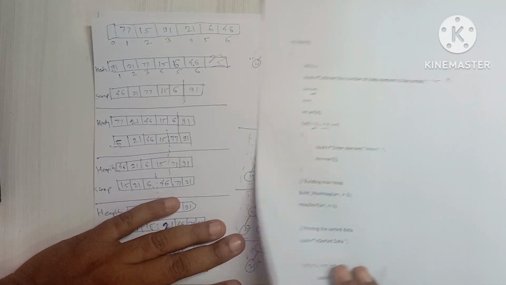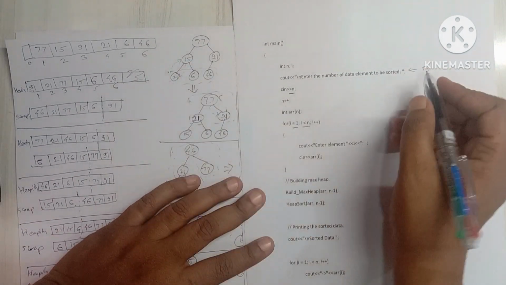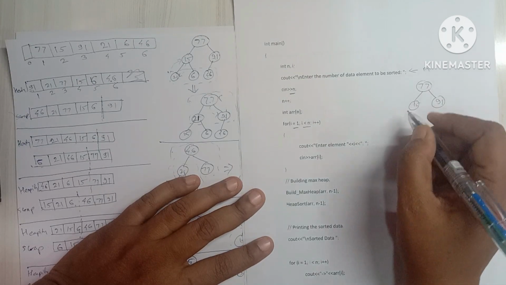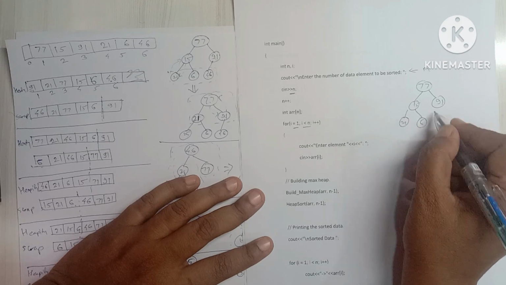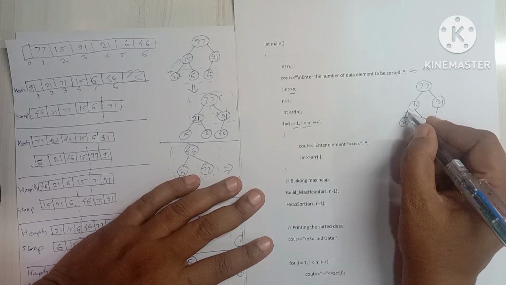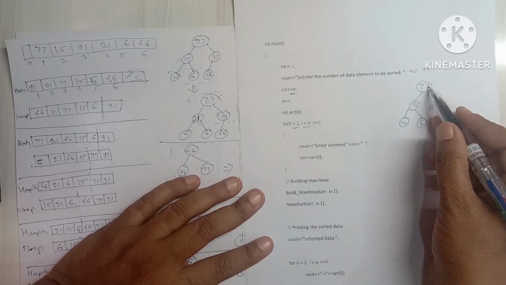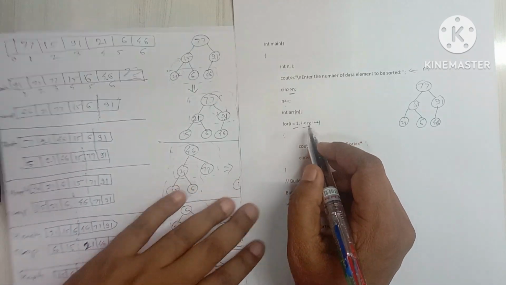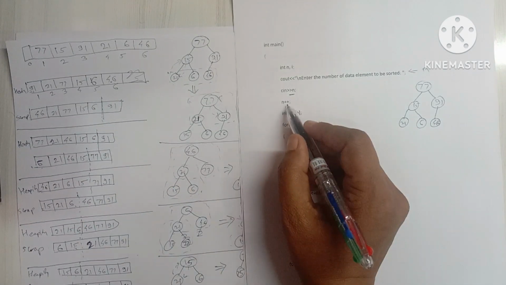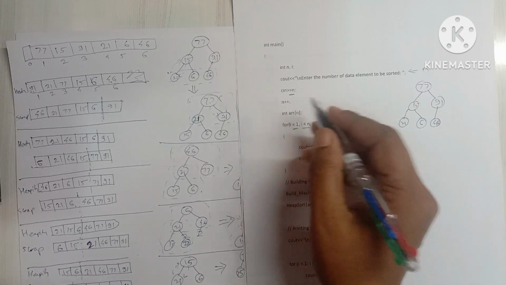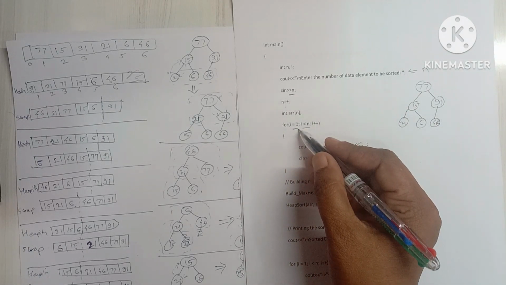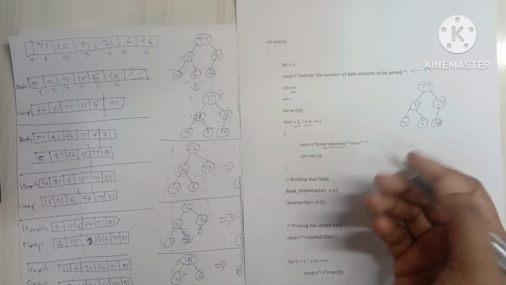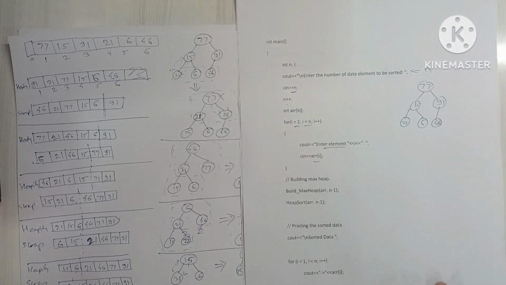Suppose we consider this example: 77, 15, 91, 21, 6, and here is 46. How many elements are there? 6 elements. But here we have incremented n by 1, so it is 7, and we will go from 1 to 6. That's why it is written. Every time we accept a new element and store it into the array.